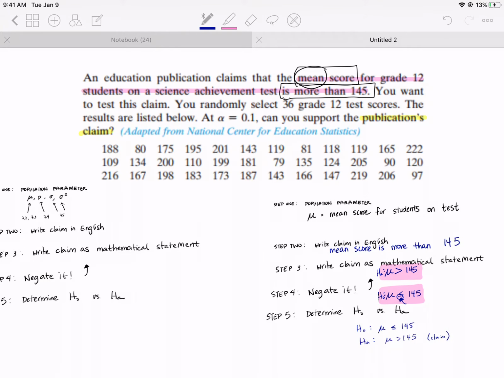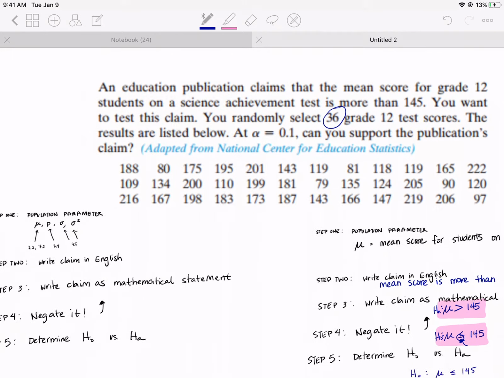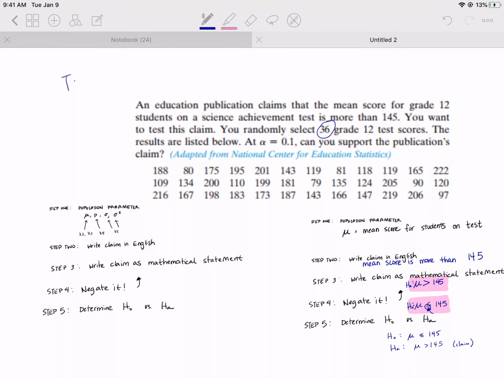Skimming this, I'm noticing that we are not given a population standard deviation. But we are told that n is 36, which is greater than or equal to 30. So we can use the central limit theorem to conclude that the sampling distribution is going to be normally distributed. So we can go ahead and actually do a t-test.